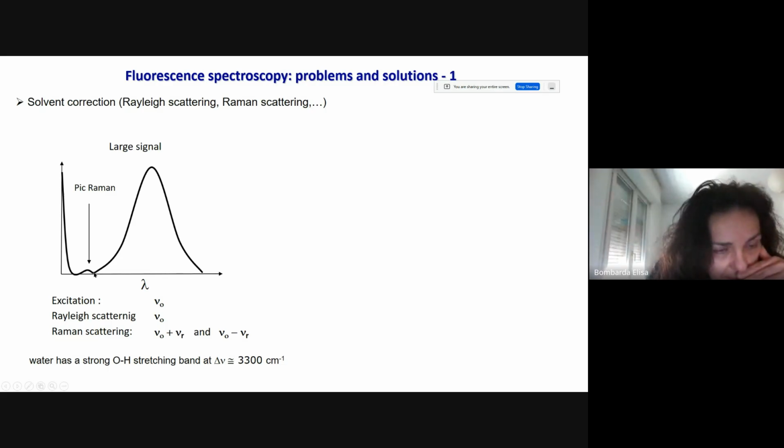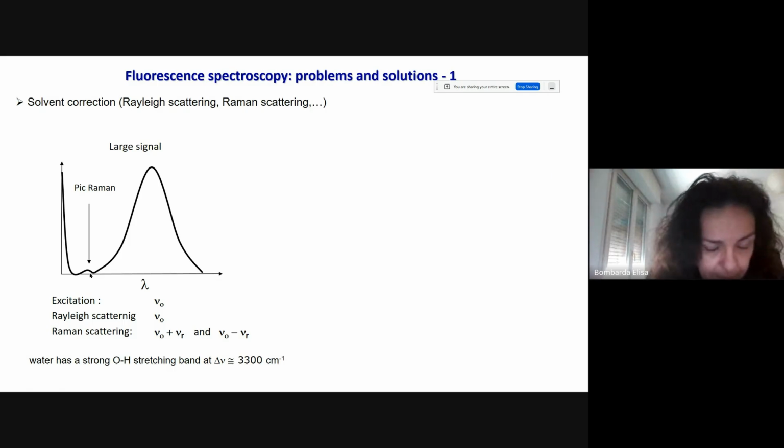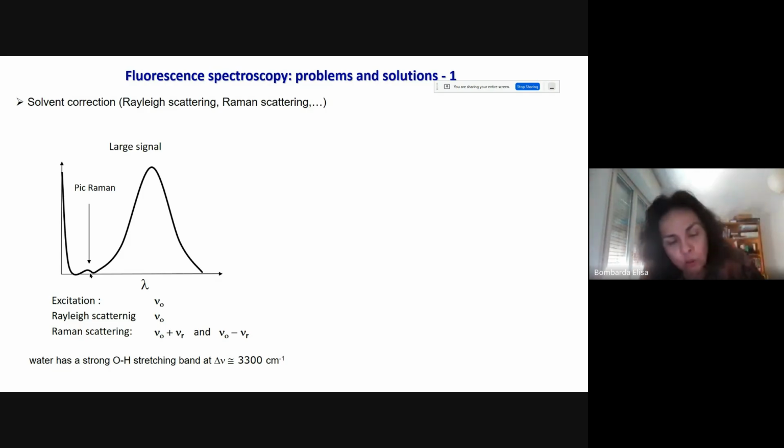This little peak here instead is the Raman scattering, which is an inelastic phenomenon, and that is due to the energy that is lost.